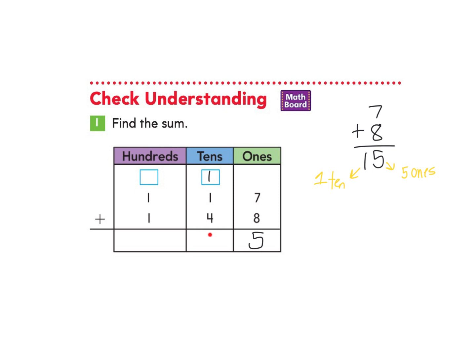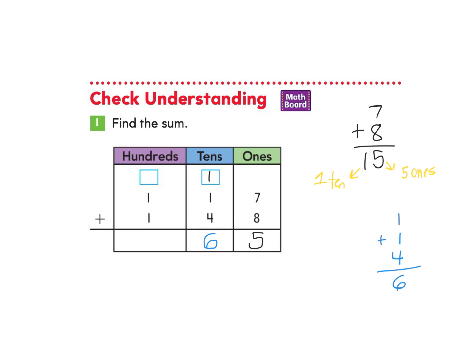Now we're ready to add the tens column. We have 1 plus 1 plus 4. We will add 1 plus 1 plus 4, and we will get the number 6. Because we know that 6 is not 10 or more, we will not regroup. We will just write the 6 in the tens column.